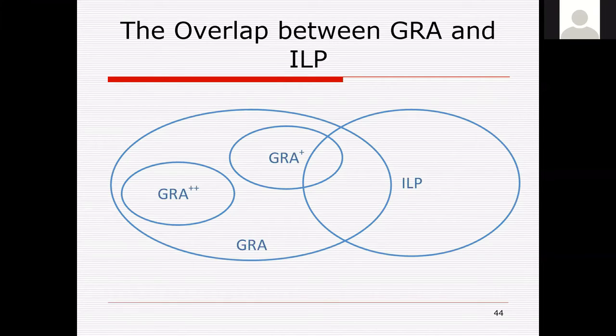Why? Because we need to solve it. Now the optimization platform can solve ILP, integer linear programming problems. I remember that not all GRA problems belong to ILP.